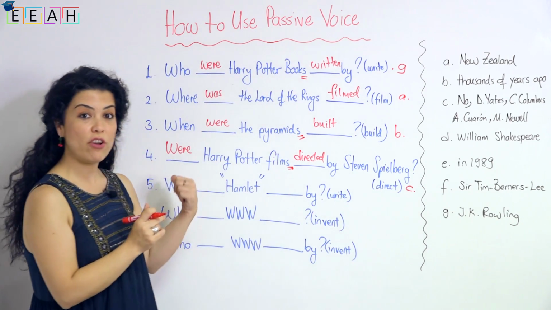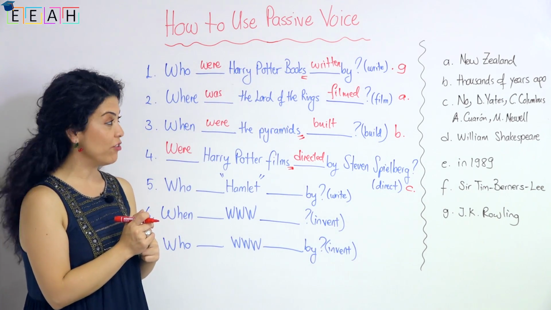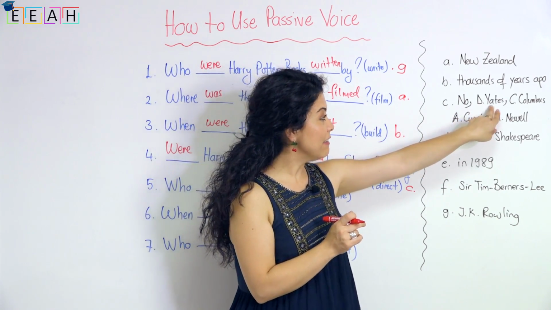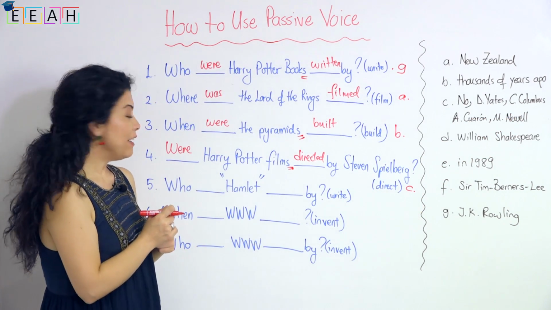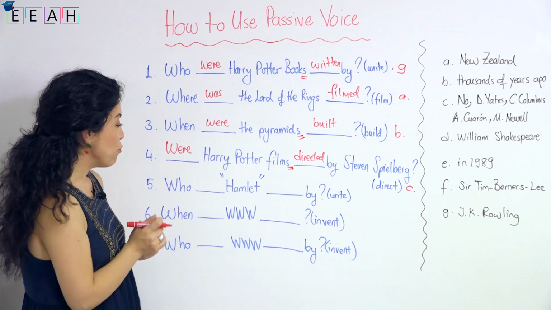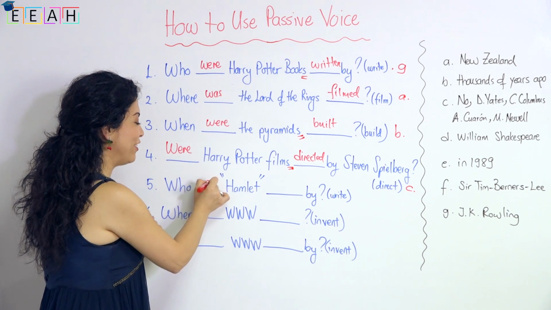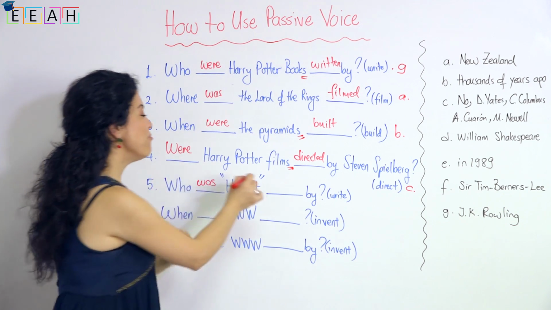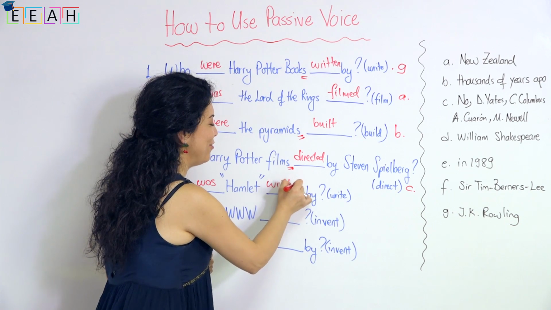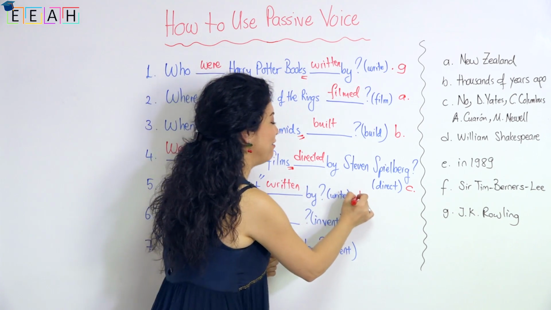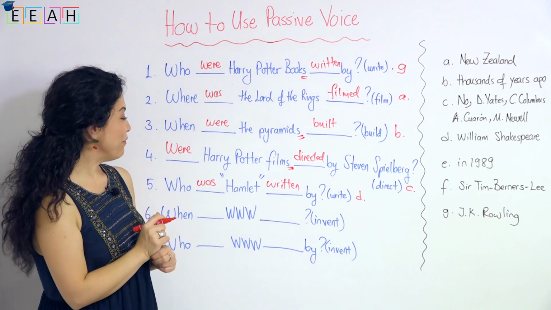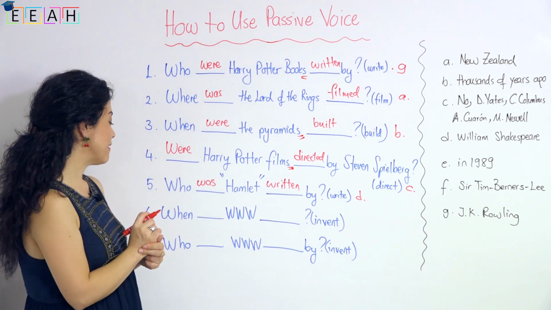They were actually directed by 4 different directors. Here we have Yates, we have Columbus, Cuarón, and Newell. Okay? Nice. Number 5. Who was Hamlet written by? Do you know? Of course, Shakespeare, right? So we have D here, Shakespeare. Nice. It was written by, we can say.